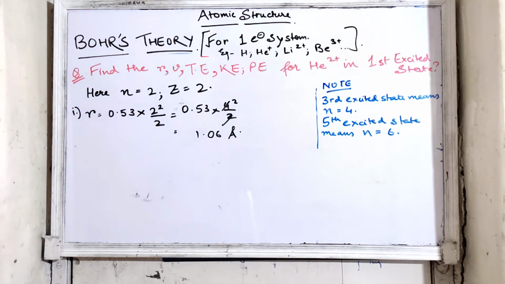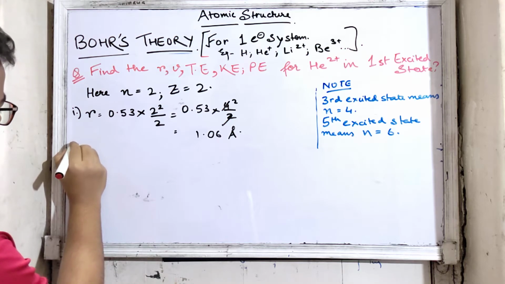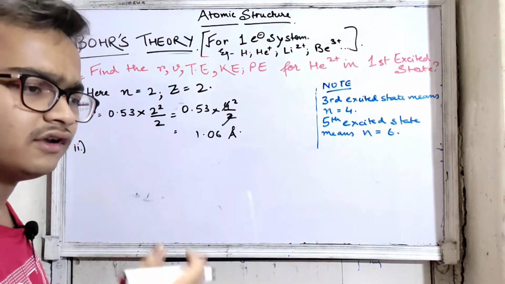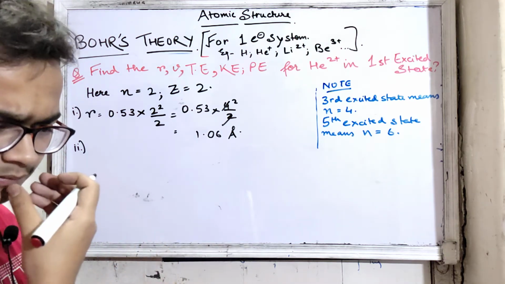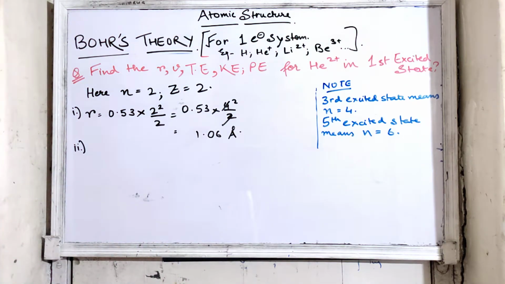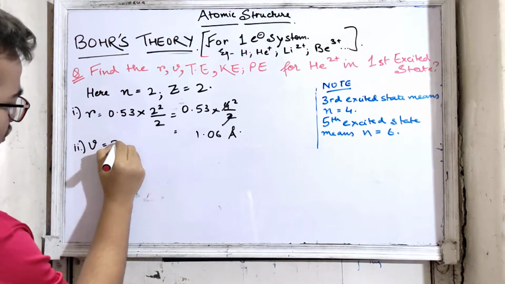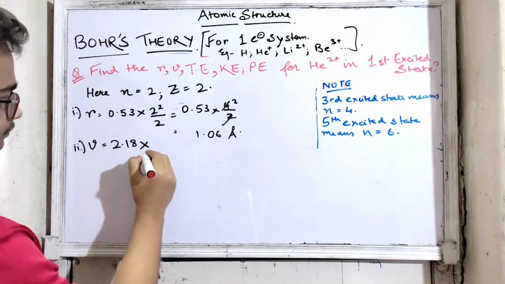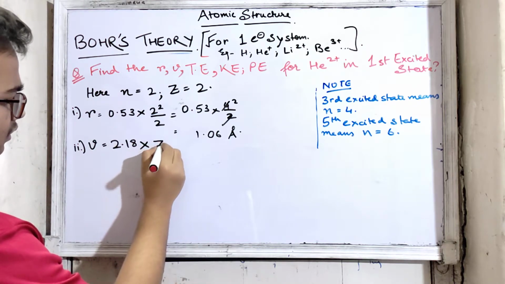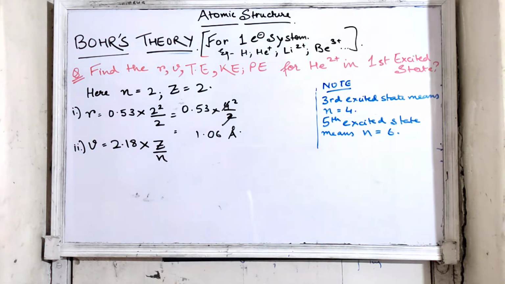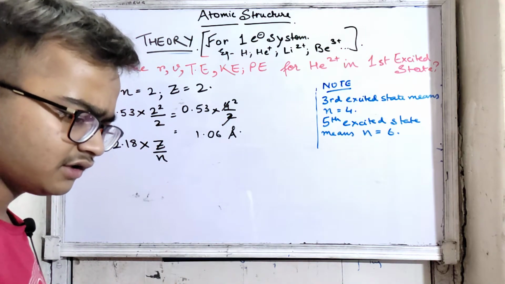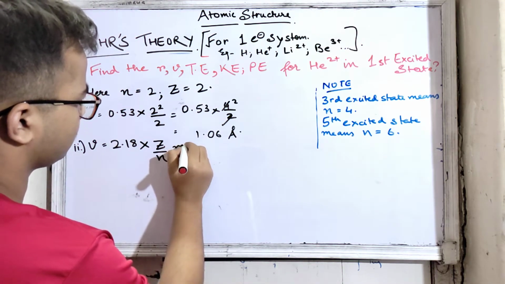So the next question is asking you to find out the velocity with which the electron is moving around the orbit. The formula for velocity, if you remember it, was 2.18 into Z by n, and the unit is meter per second.